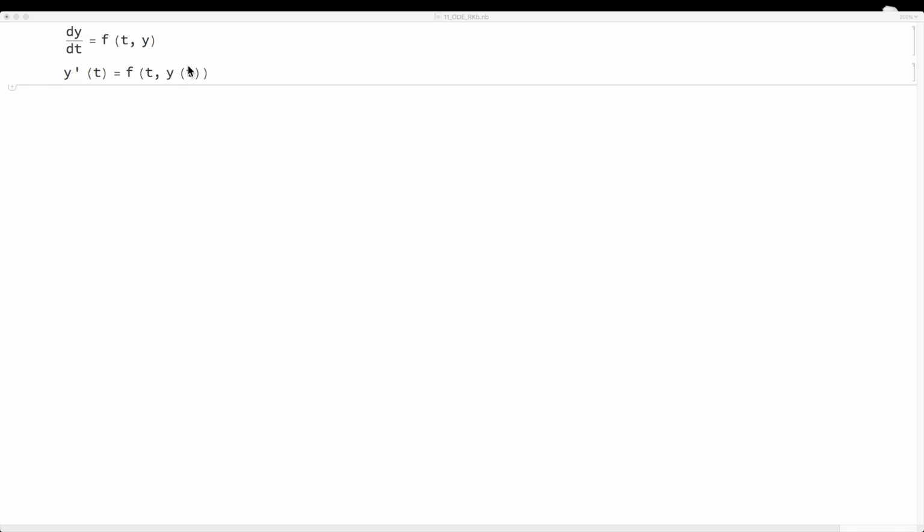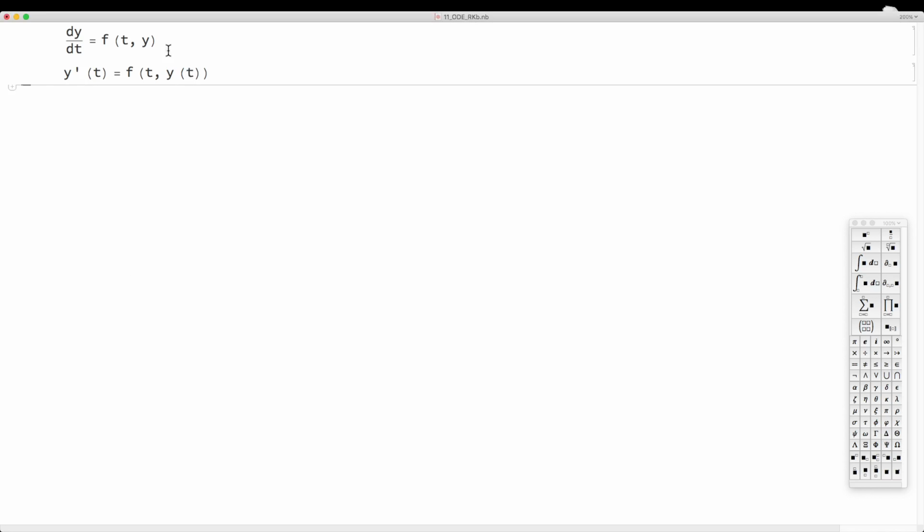So let's suppose we have an ordinary differential equation of this form: dy/dt equals f, some function f of t and y. Here y can be considered a scalar function, and f is some scalar function of t and y of t.